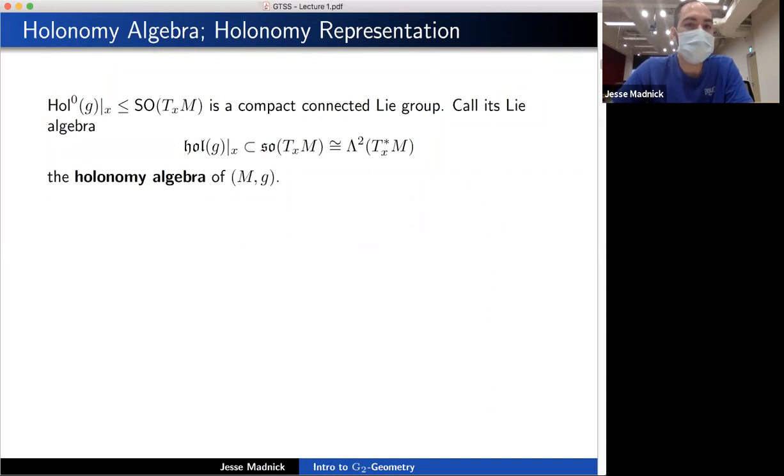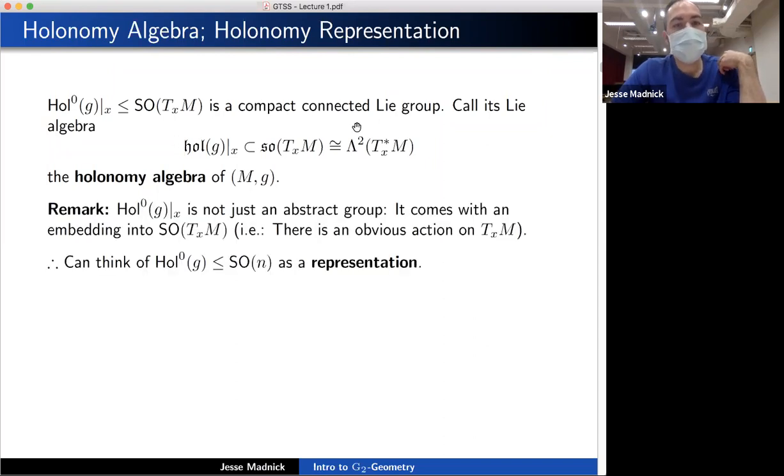So its Lie algebra will be called the holonomy algebra. It's contained in little so of T_X M. And there's a standard isomorphism between the skew symmetric matrices and the two forms. Okay, so you can think of the holonomy algebra at X as being contained in the two forms at X. We'll use this fact on the next slide.